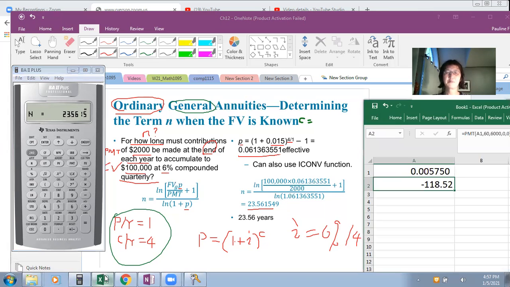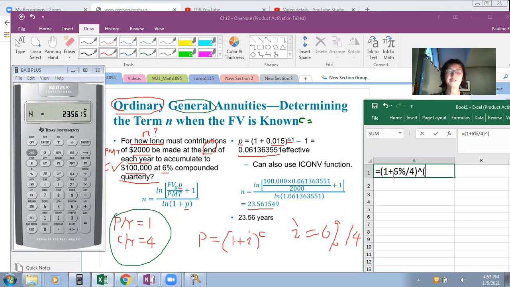As usual, I will also use Excel. To use Excel, first step, you need to calculate the P, equivalent rate per payment period. So P equal to 1 plus I. I is 6% over 4.